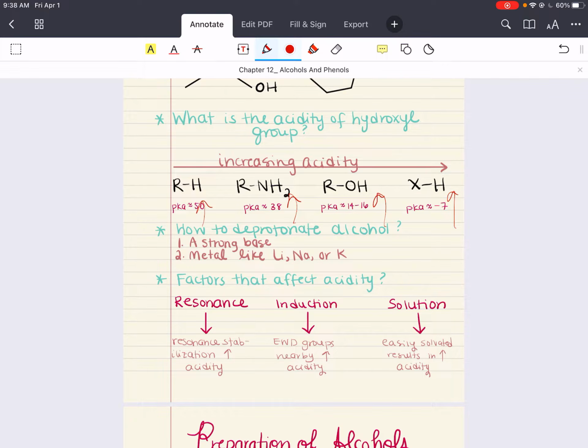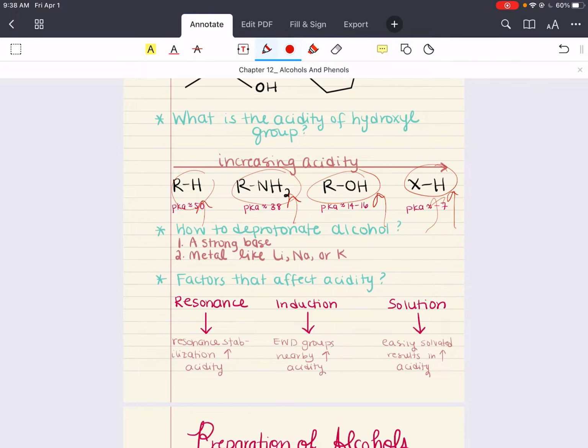If you guys remember, we covered this in chapter 3. All right, so the most stable molecules in their conjugate base form have the highest acidity, which is why alkyl halides are the most acidic, followed by alcohol groups, then amines, then alkanes. So alkyl halides are most acidic, and going down is less acidic.